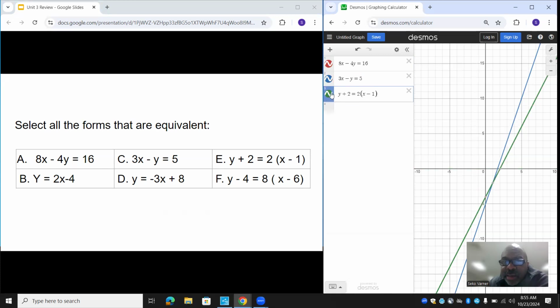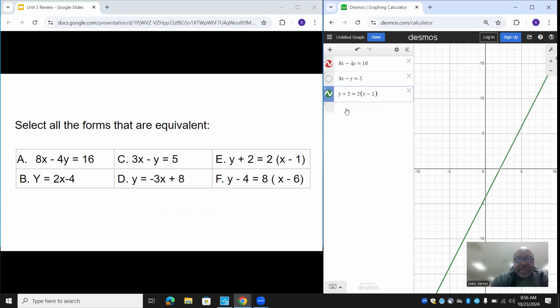Oh, it looks like the red and the green, the top 1 and 2, overlap each other. So at least 2 of these overlap each other. So let me get rid of number 2, because these two overlap each other. You see? They overlap each other. So those two are equivalent.